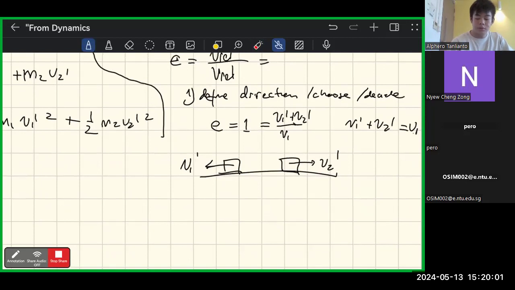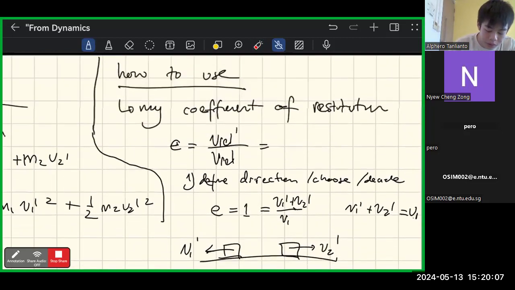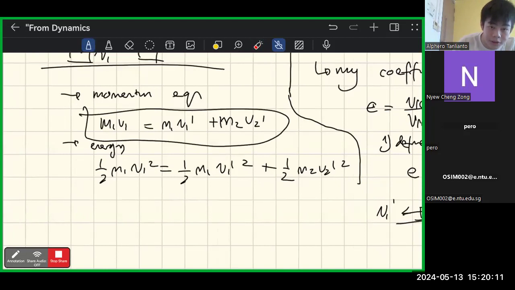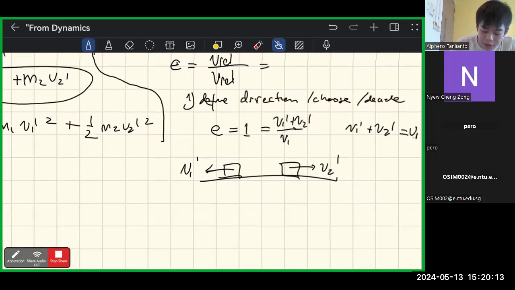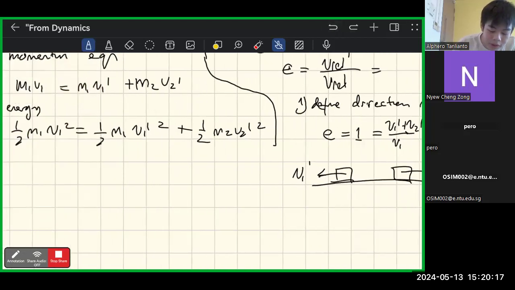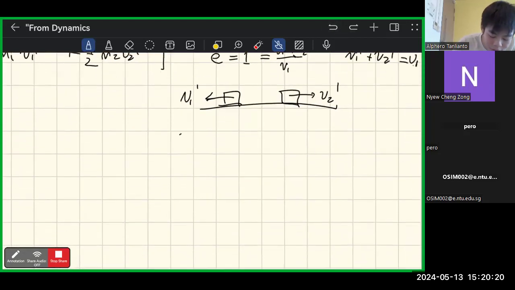So v1 prime added by v2 prime equals v1. And now it's easy to solve, right? Then you have this first equation. The momentum equation will also change, sorry, based on your assumption.